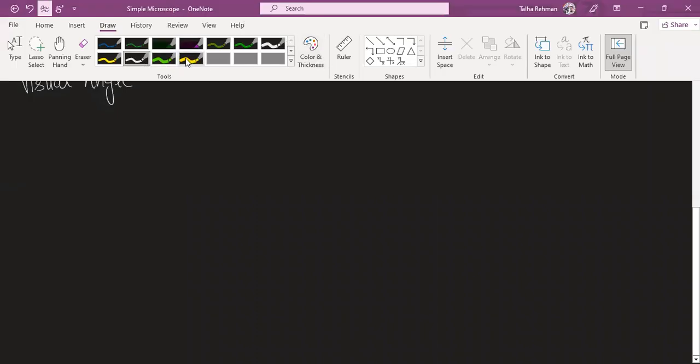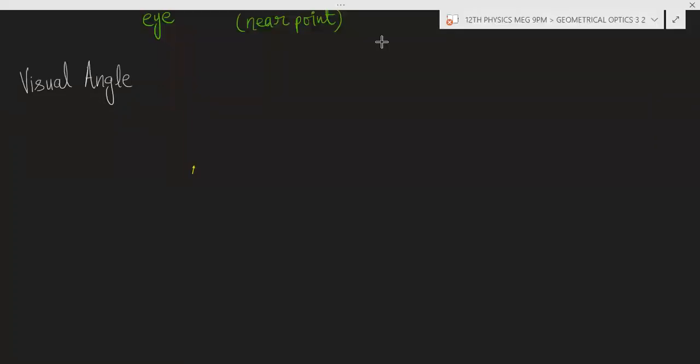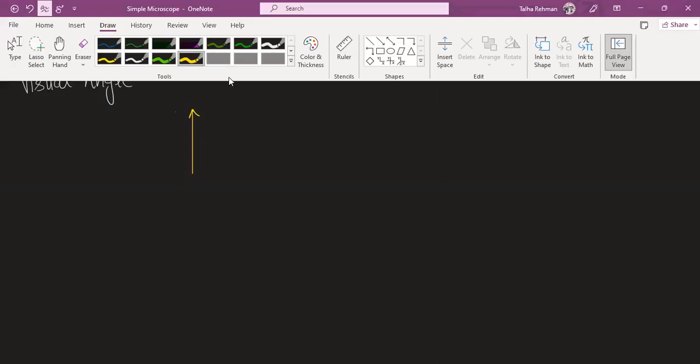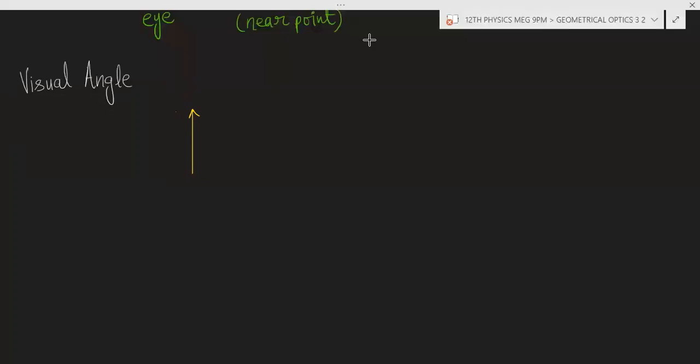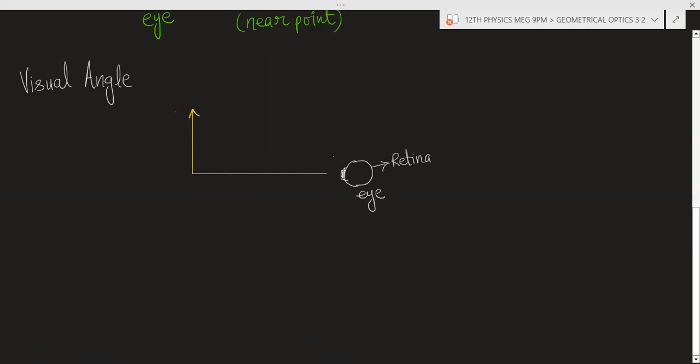For example, there is an object. This is an object, this is the eye, and this is the retina. The retina is behind, we know, and this is the cornea.